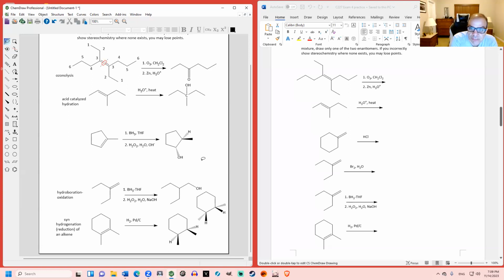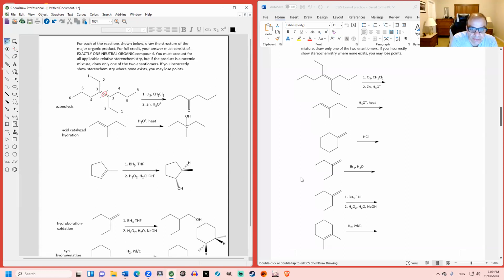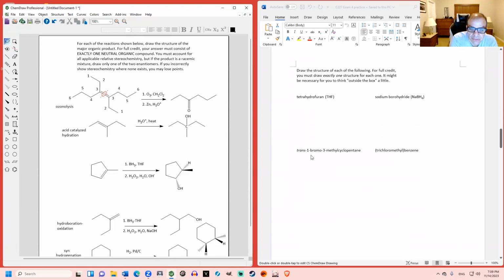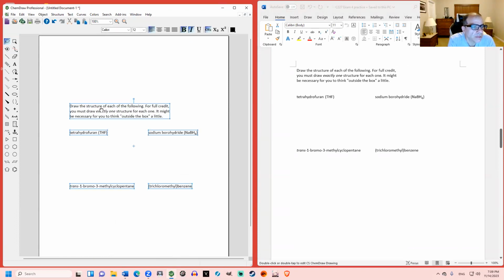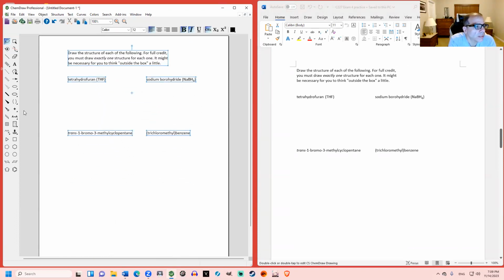Other questions? Here's some structure drawing questions. THF is a 5-membered cyclic ether. Looks like that.